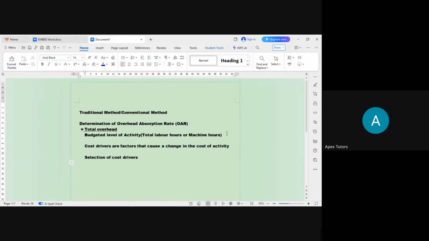Now, selection of cost drivers. We have various forms of cost pool. Cost pools are factors that pull cost.